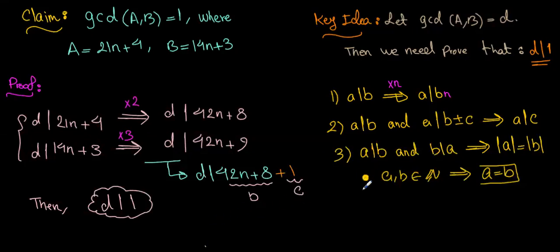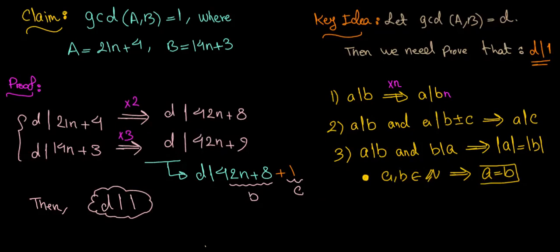Based on property 3, if a divides b and b divides a, then the absolute value of a is equal to the absolute value of b. But if both of them are positive integers, natural numbers, we can say that a is equal to b.